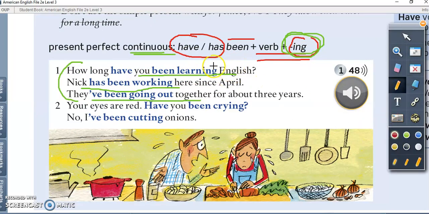Remember that with the ing, these actions are still in progress. This person started learning English and is still learning English. Has been working: this person started working since April and is still working.